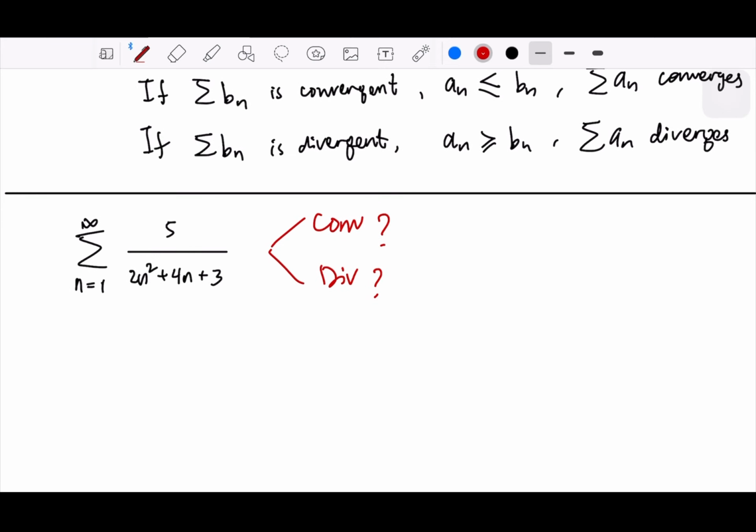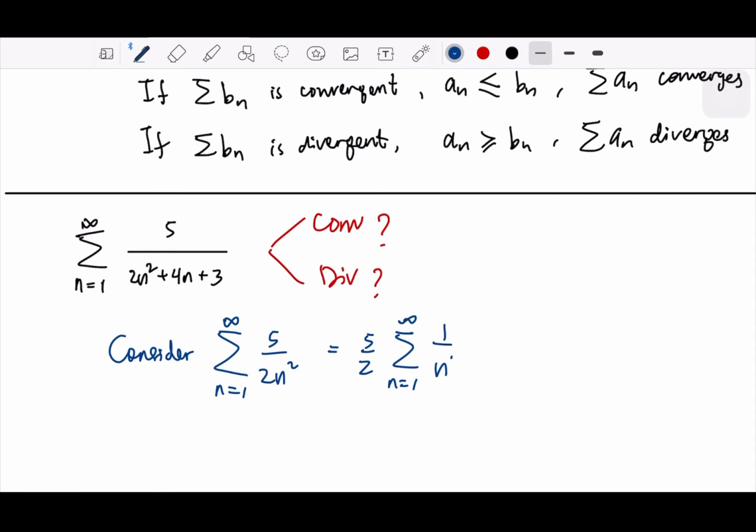So consider the series of 5 over 2n squared, and we know that this is pretty much 5 over 2 times 1 over n squared, and using the p-series, this will be convergent, right?